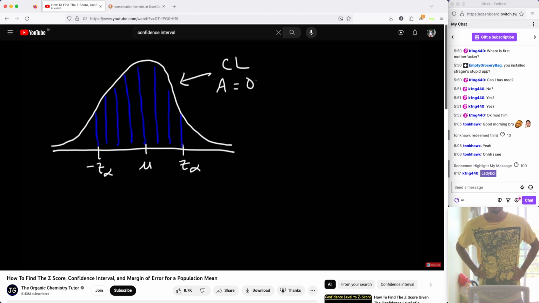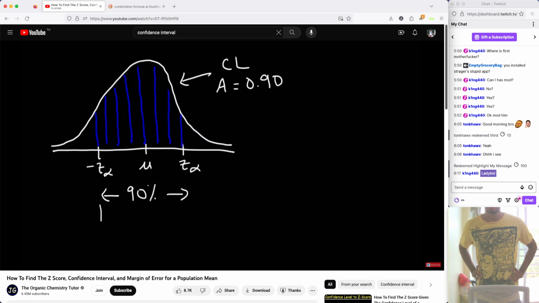So that area is 0.90. So the 90% confidence interval is going to range between these two values. So our minimum value will be x bar minus EBM, and our maximum value will be x bar plus EBM.